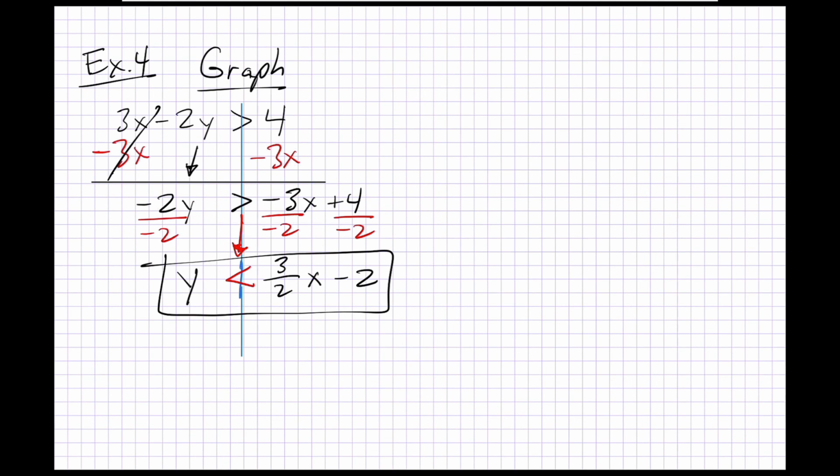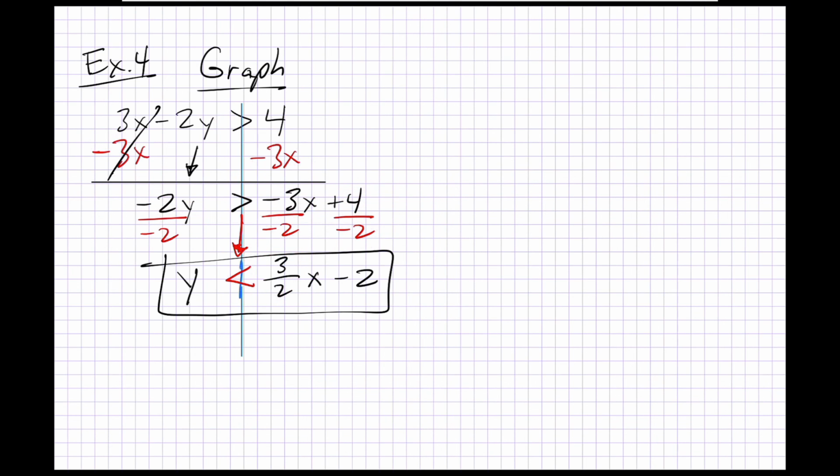Okay, so I did step 1. I subtracted 3x from both sides. Divided everything by negative 2. When I do that, though, I got to flip the symbol. That becomes 1y. Negative divided by a negative makes a positive. Negative divided by a positive makes a negative.